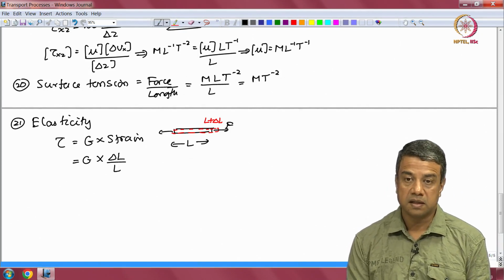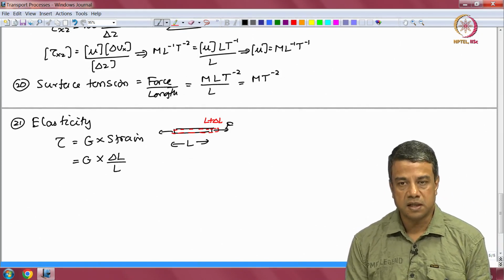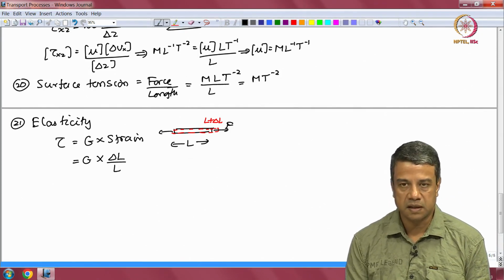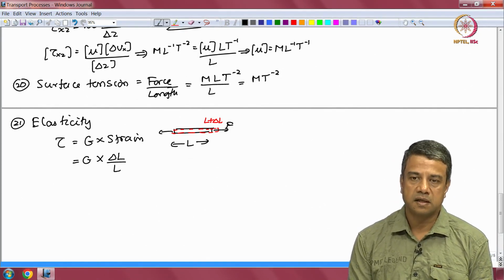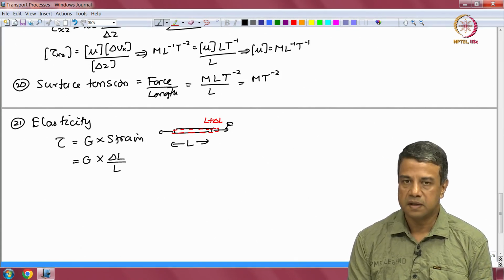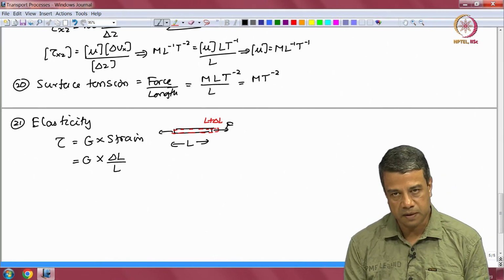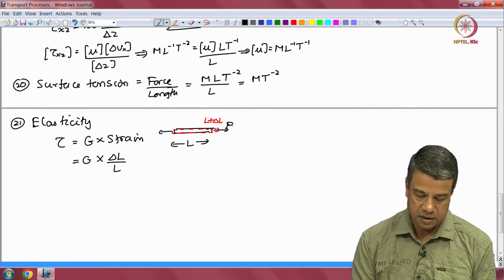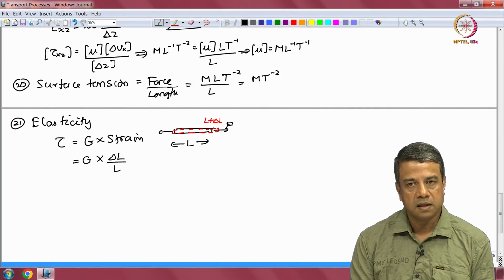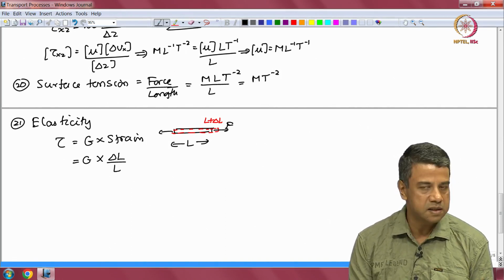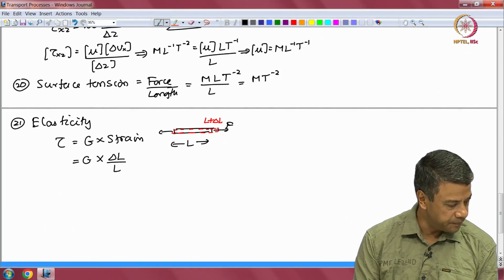The strain is dimensionless. It is the change in the dimension divided by the dimension itself. That is the linear strain. Area strain is change in area divided by the initial area. Volumetric strain is change in volume divided by the initial volume. So, that is the relationship between stress and strain that contains the coefficient of elasticity.